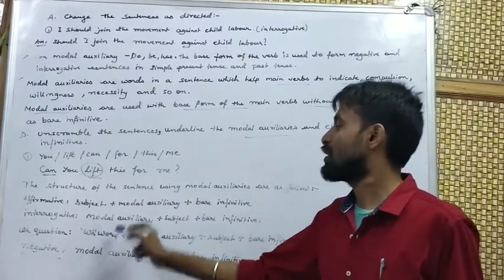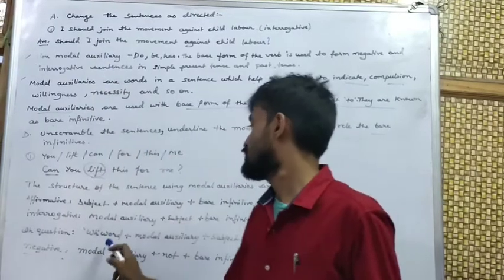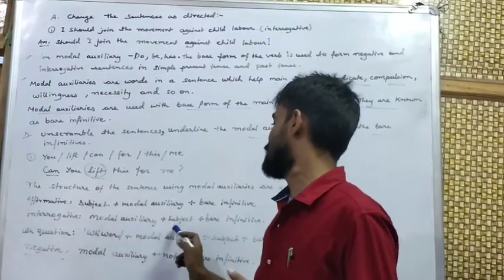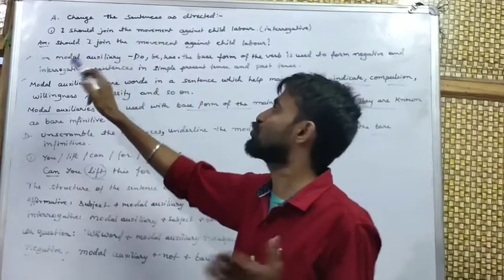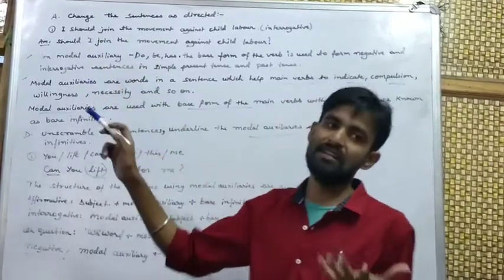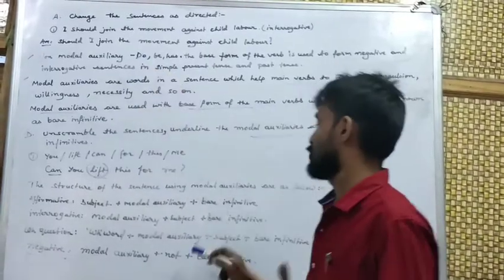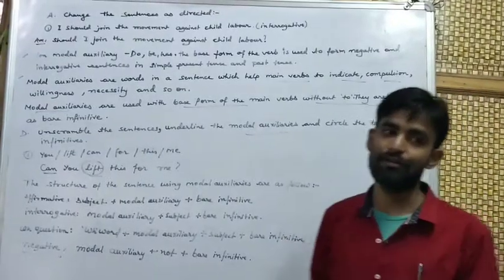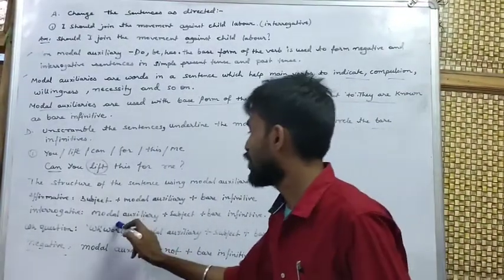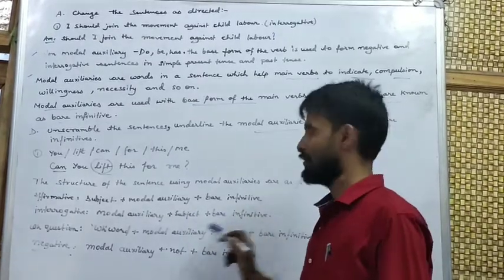So I took the modal first: should, after that the subject, and after that the bare infinitive, join. "Should I join?" Join is a verb working as a bare infinitive, and after that we wrote everything. This is the format for interrogative: modal plus subject plus bare infinitive.